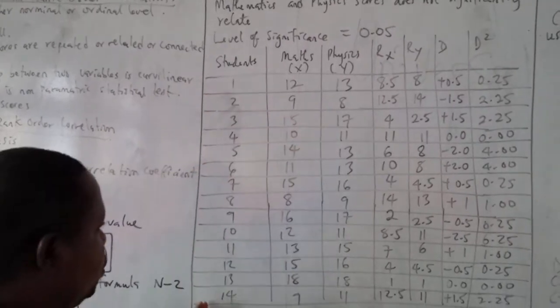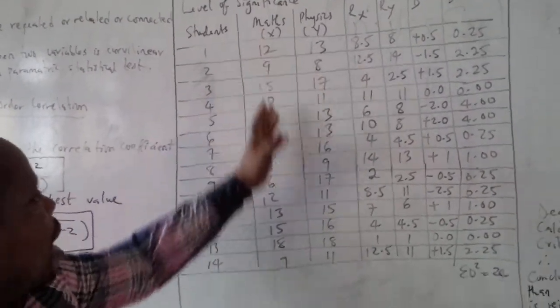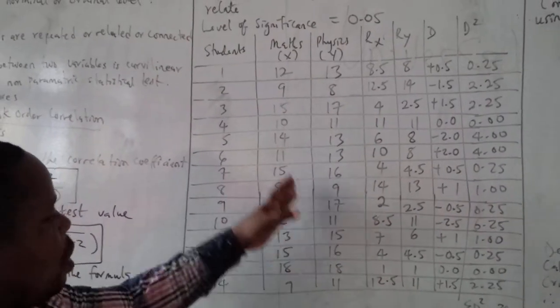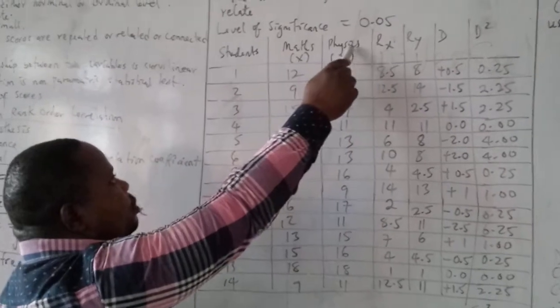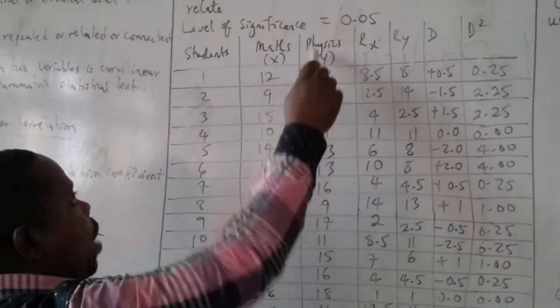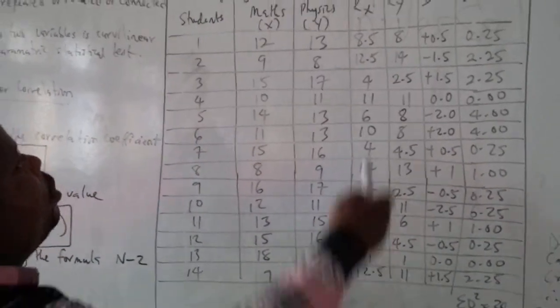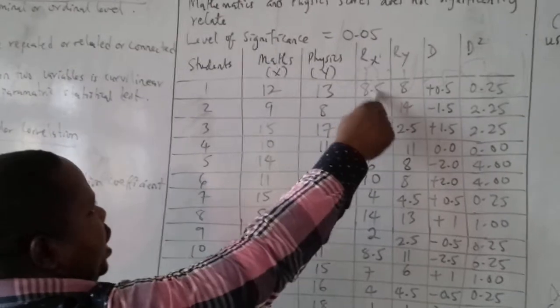Now this is the serial number of students 1 to 14. This is the mathematics score of student X, and then column 3 is the physics scores of student Y. And then when you look at column 4, you'll be wondering how it came about.